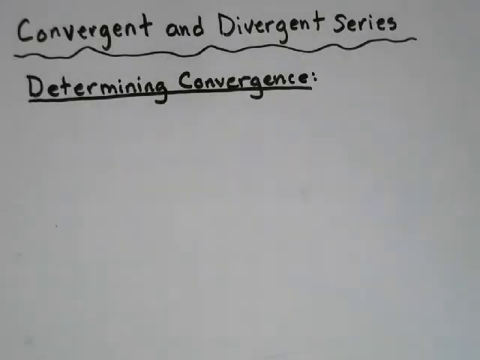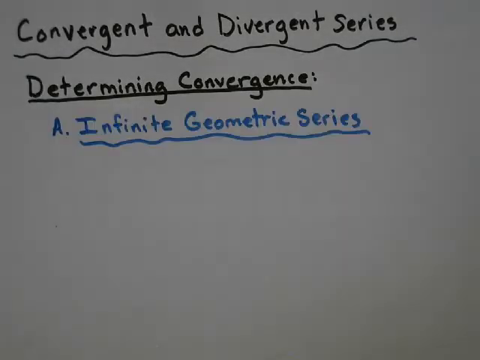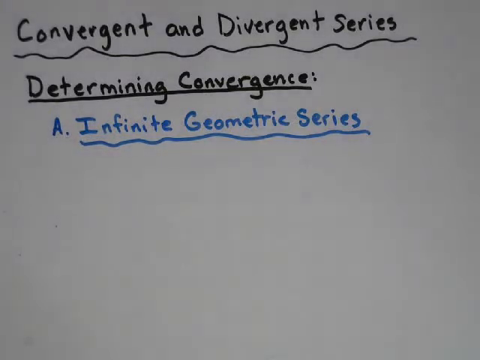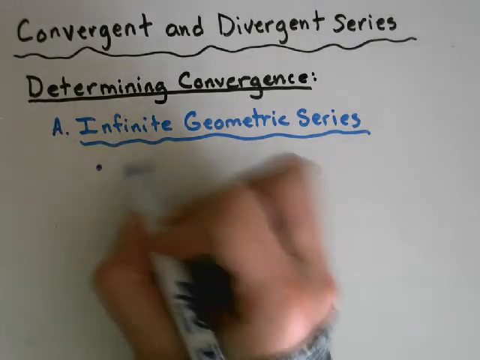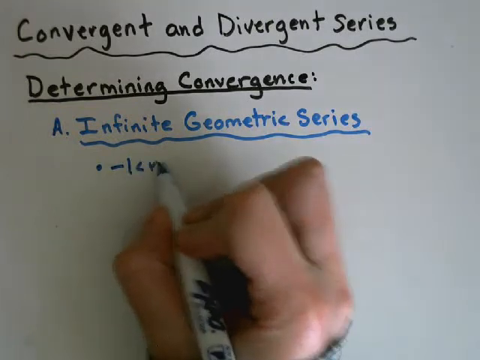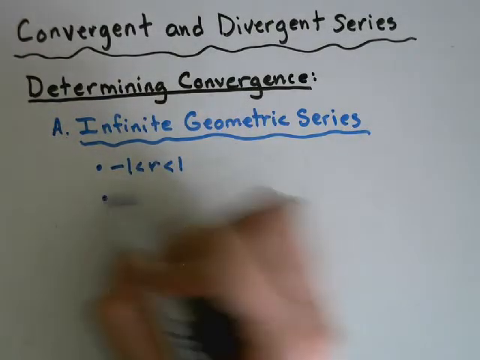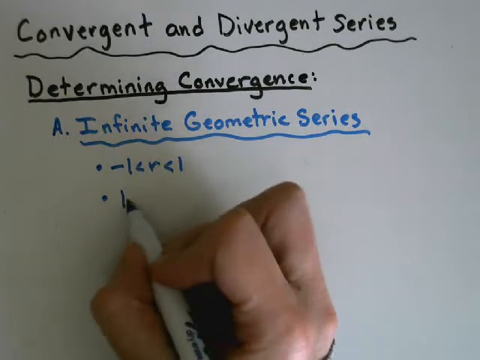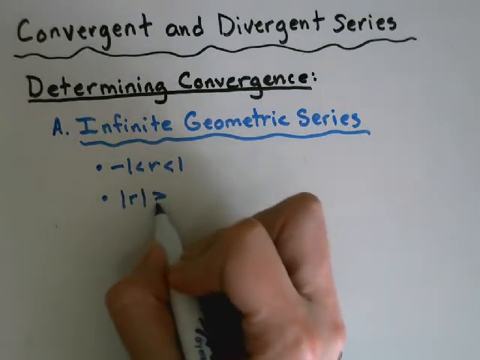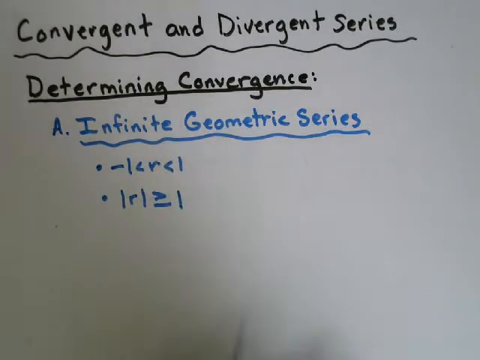So what we're going to do for the rest of this is determine different ways that we can determine convergence. So the first one is infinite geometric series. If you can identify that the series that you have is an infinite geometric series, we have two different cases. Either our common ratio is between -1 and 1, or it's not, meaning the absolute value of it is bigger than or equal to 1.